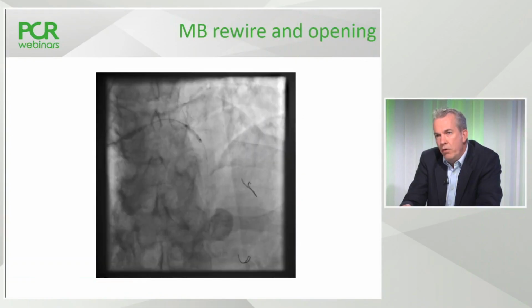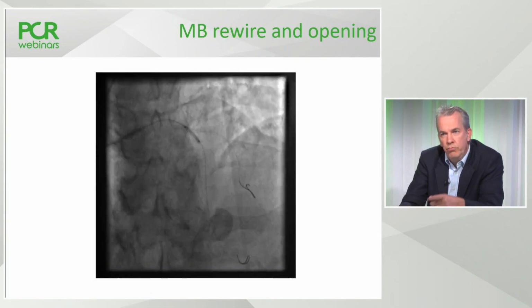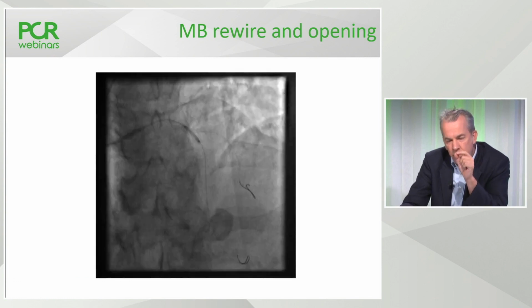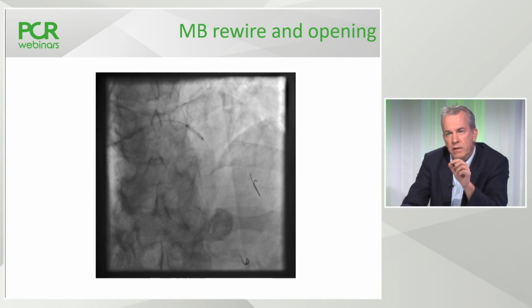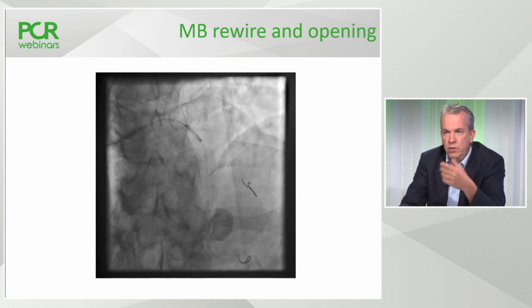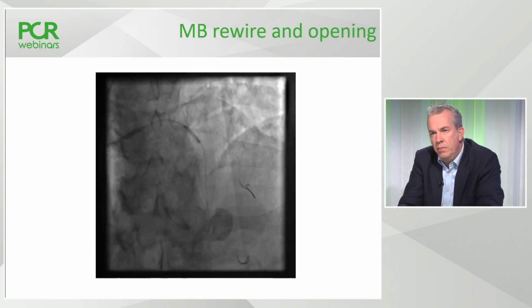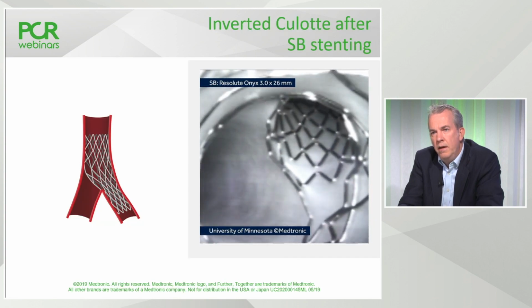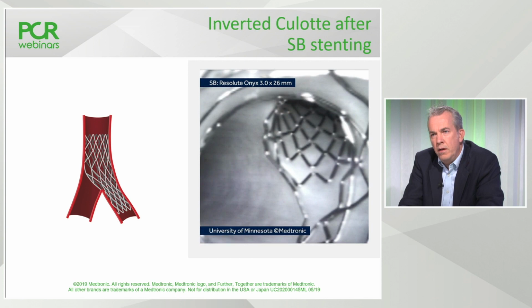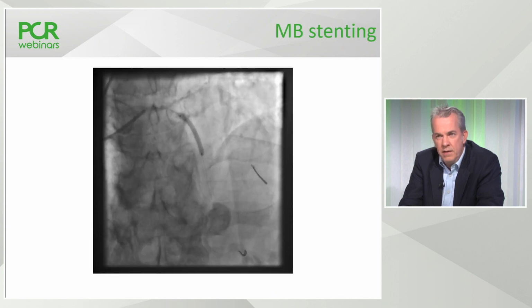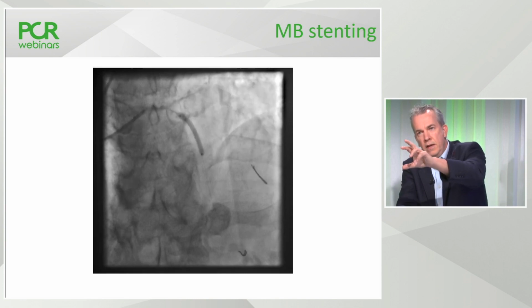So you predilated? Yeah, so just to recap, we've done the POT, having stented the side branch. We've now used a third wire to recross through the distal cell of that stent into the LAD. Having done so, we've chosen here to predilate with a 2mm balloon, and then stent the LAD.